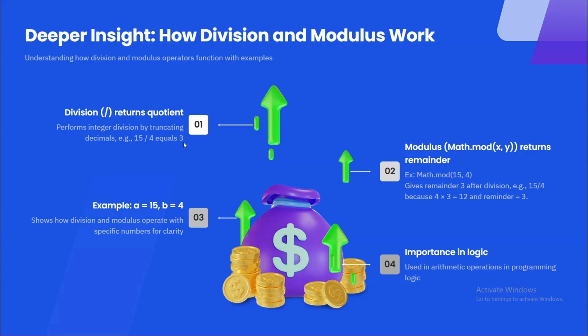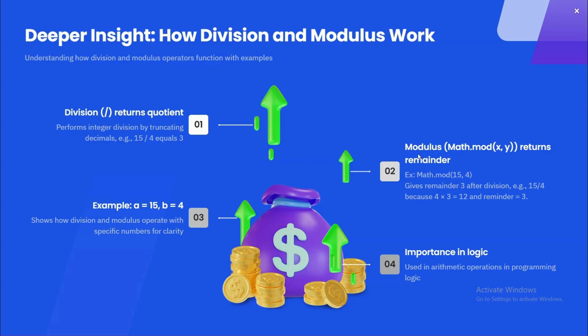But 3 is not the correct answer, because the answer is 3.75, but we took integer data types of variables. That's why it is truncating the answer and giving the value 3. As I told you earlier, while performing the division operator, we need to take decimal data types of variables.